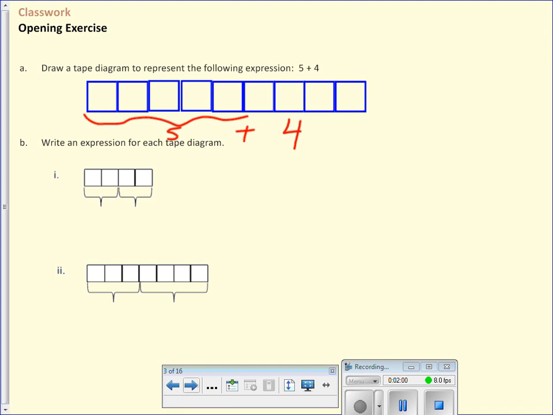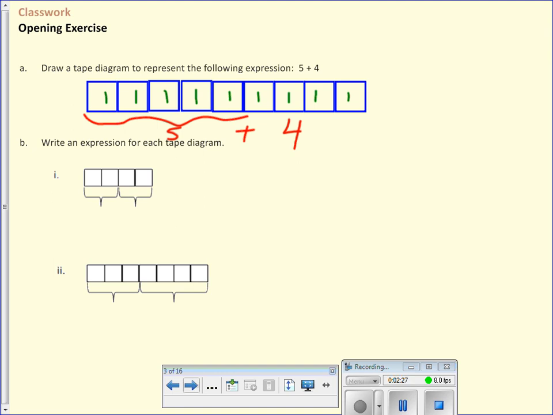And in this case, in this tape diagram, what is the value of each square? What did we call that, when each box represented the same number? They're all 1. They're all the same number, the same value.